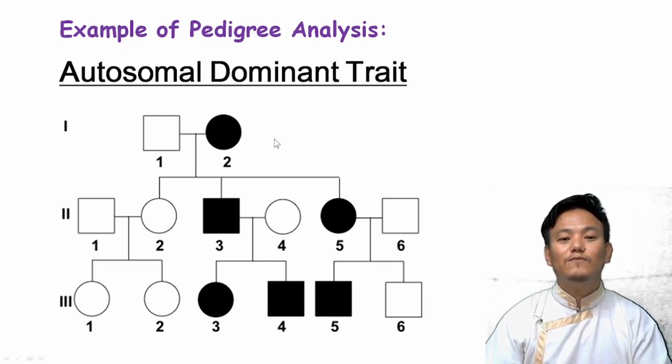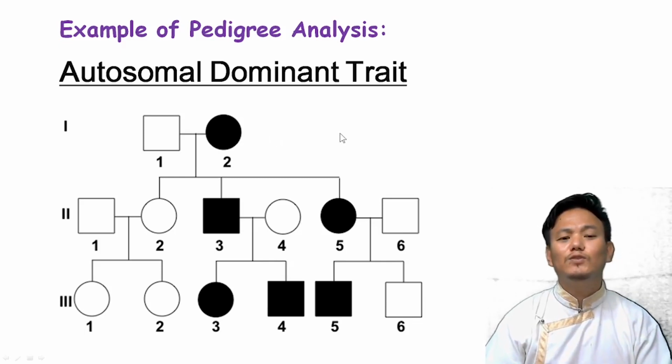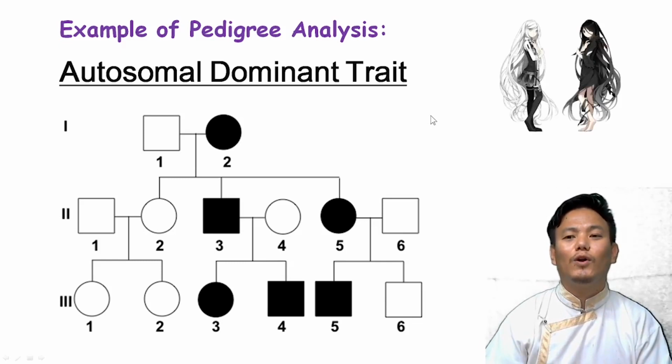So let's try to define what trait it can be. Let's assume that this particular trait is for black hair. Let's say we have two contrasting traits for hair color, black and white.